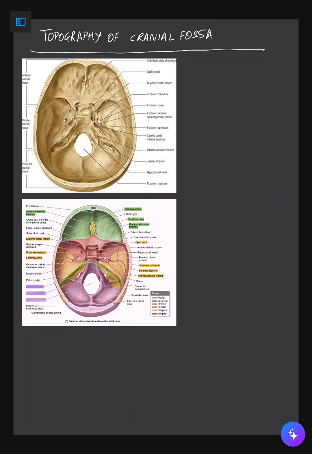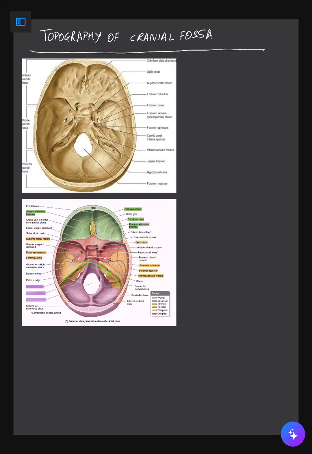On both sides, there is the mastoid process of the temporal bone and the mastoid angle of the parietal bone, and posteriorly there is the squamous part of the occipital bone. These are the borders.